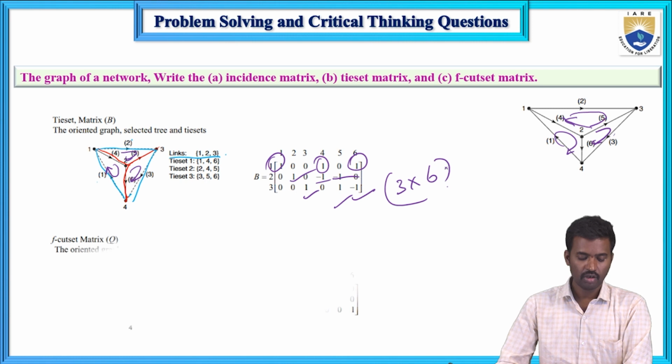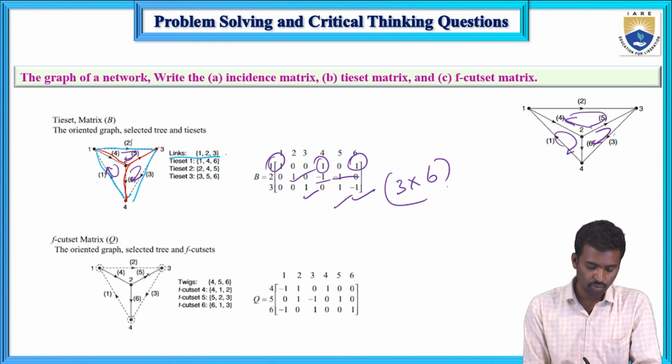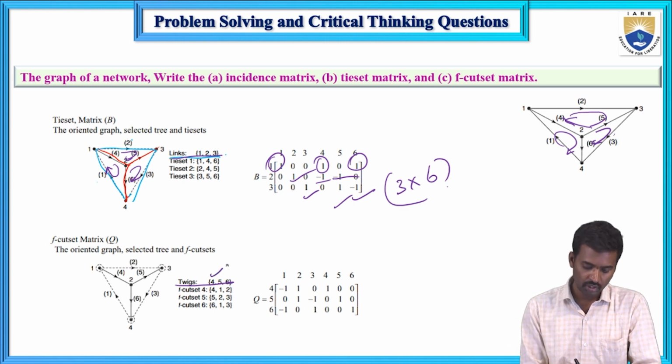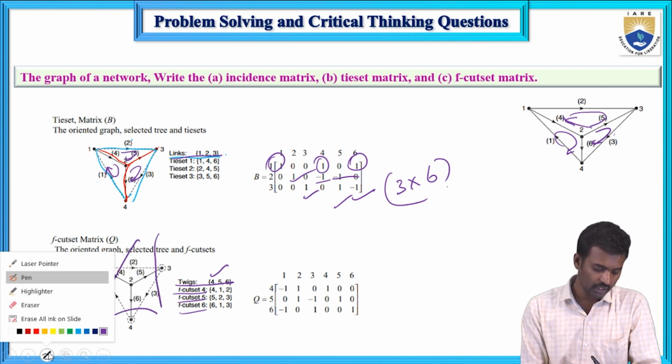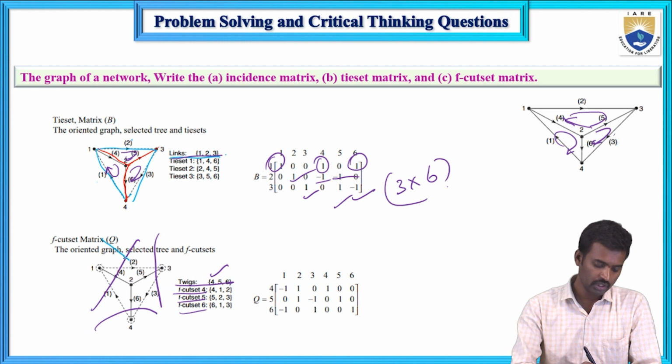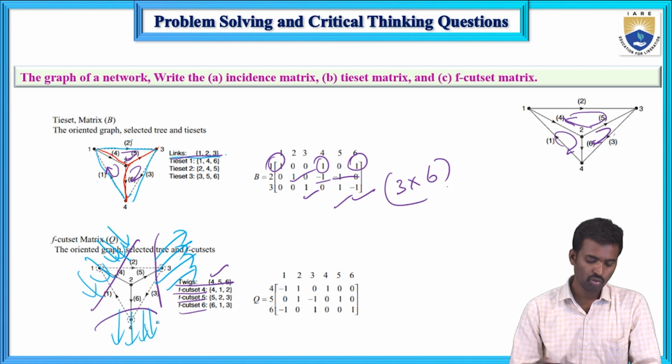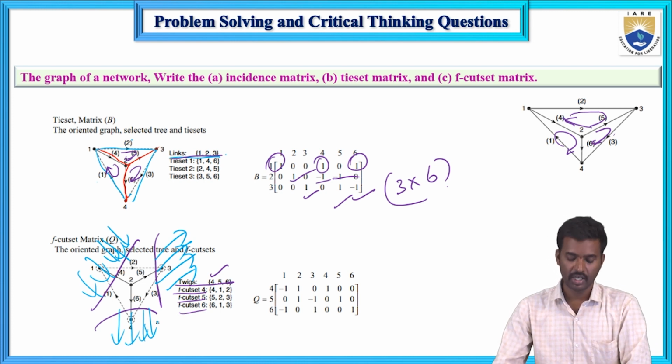So next, the F-cut set. Here we consider 4, 5, 6 as twigs, whereas in the previous case we considered links. So here, F-cut set 4, F-cut set 5, and F-cut set 6. Now the directions: this direction is the twig direction, and the next is the twig direction, and this one is the downwards direction, the 6th twig direction.